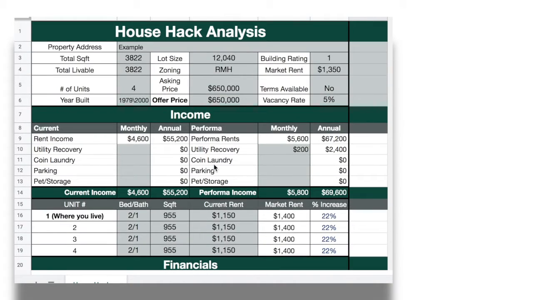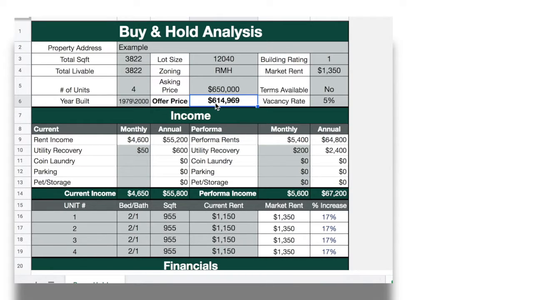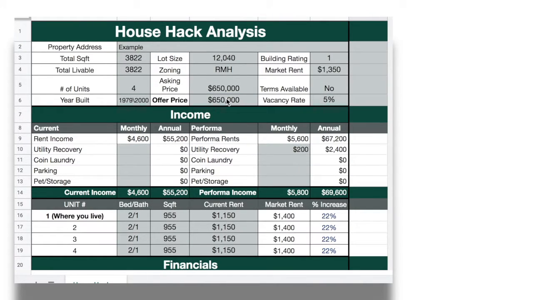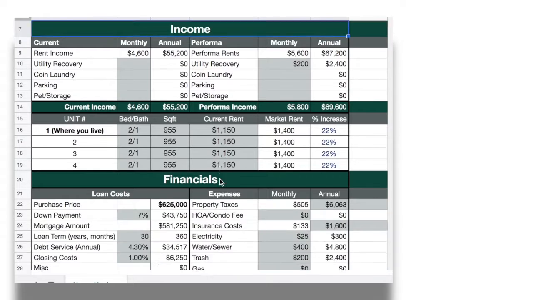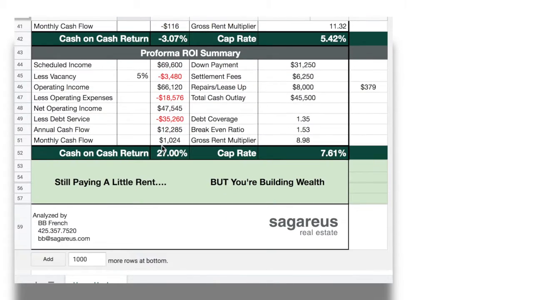Now, the other thing is, as you recall on the other deal, we were going to offer $615. So let's say you're going to offer $625. You still put 5% down. Okay, 326.